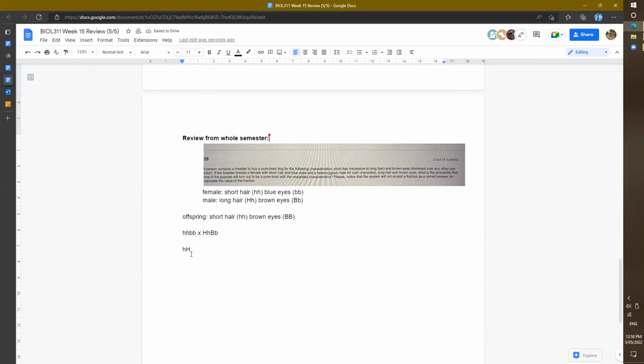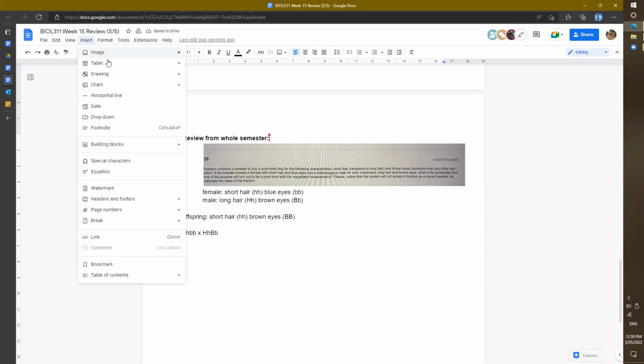Oh my God. So the first possibility is HH. Maybe I can't speed run this. I'm not smart enough. I'm just going to do a Punnett square. So we're going to have 1, 2, 3, 4 with 1, 2, 3, 4, I think.